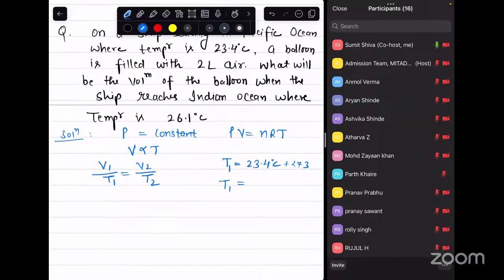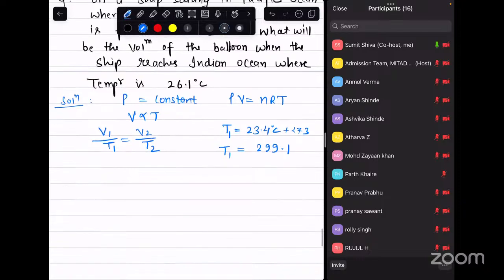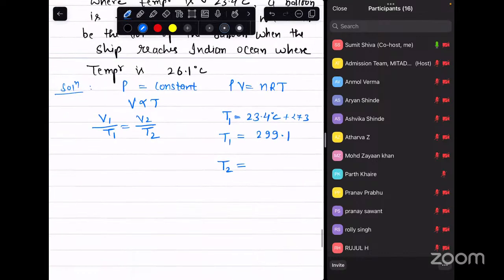How much will it be? 23.4 plus 273. This will be 296.4 Kelvin. Yes or no? Yes, check it. T2 is 26.1 plus 273.